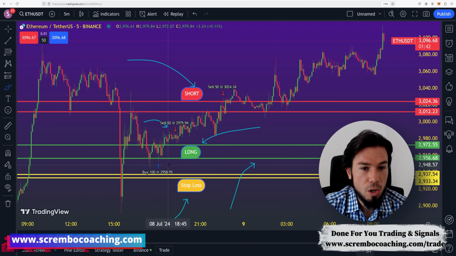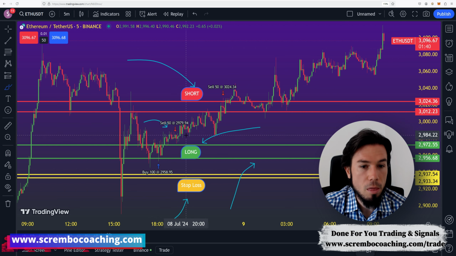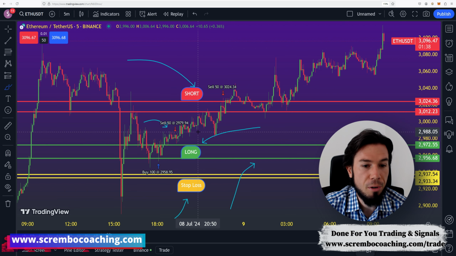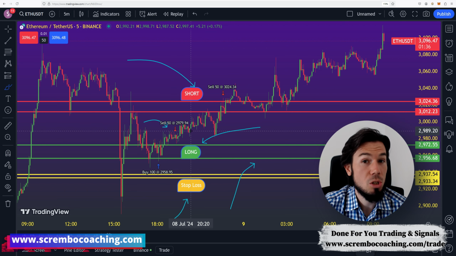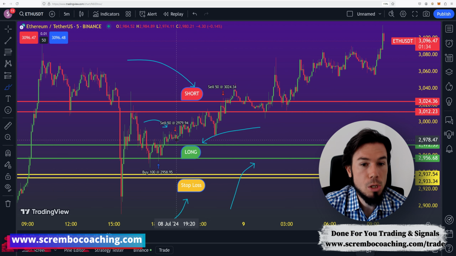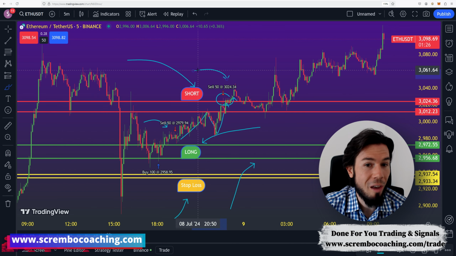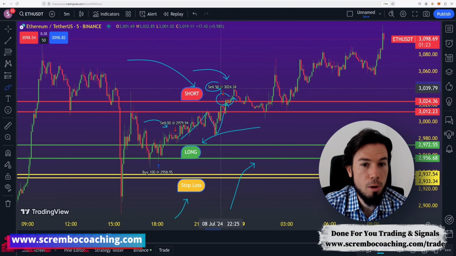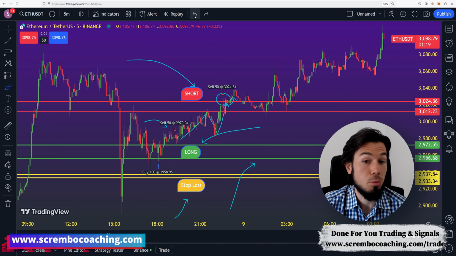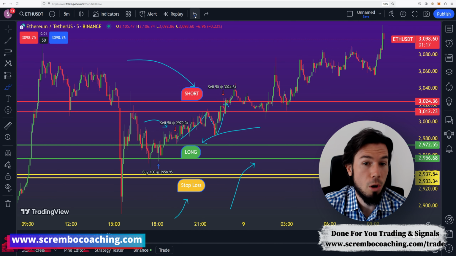So the situation after selling those 50 Ethereums played out in our favor. We did not stop out. We have been continuing with the price action, as you can see, towards the target. $3,024, we have been touching for the last 50 Ethereums. So at the same time, we've been pretty much having risk-free trading and running with the ability to close out on a nice profit.